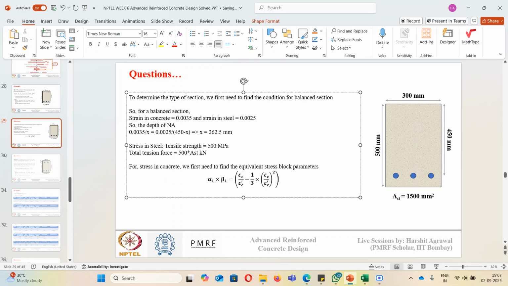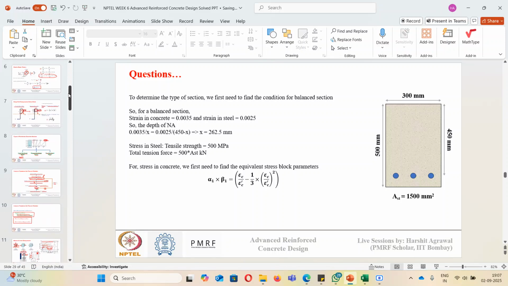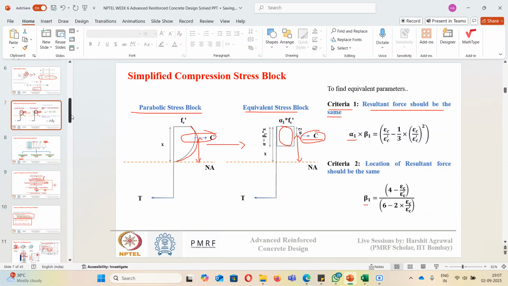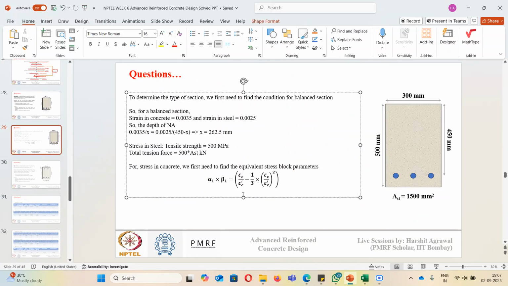And the second equation is beta 1 is equal to this. In this equation, epsilon c we know is 0.0035, epsilon c dash is 0.002. Here also epsilon c is 0.0035, epsilon c dash is 0.002.